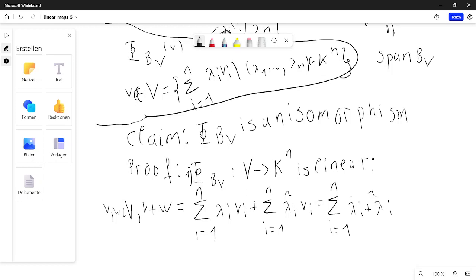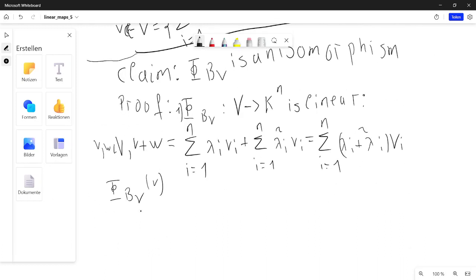And we obtain this expression, and we know if it looks like that, this is an element of a field, it's exactly the coordinates of this, because the coordinates are uniquely determined, right? So if you write that down in terms of this map, if v has this representation, that means that v is mapped by this map to lambda 1, ..., lambda n.